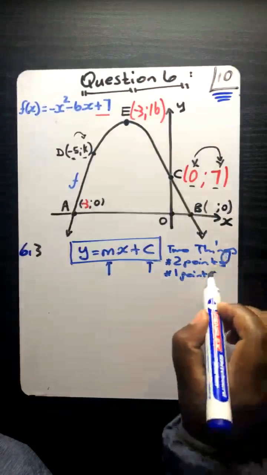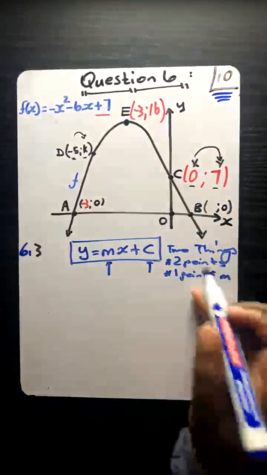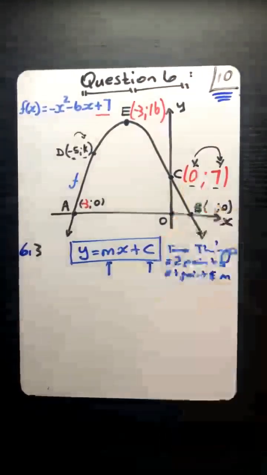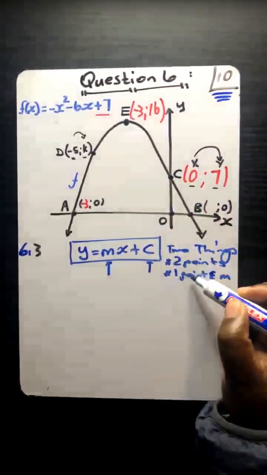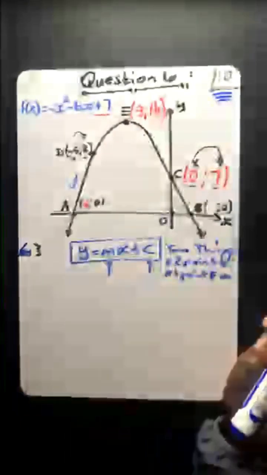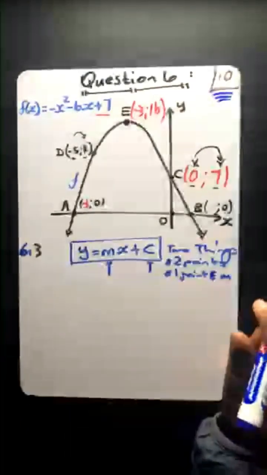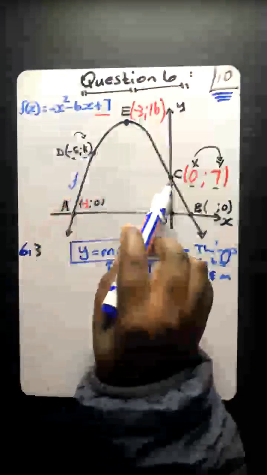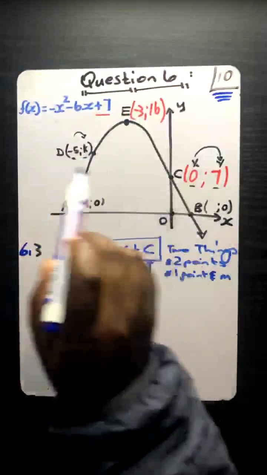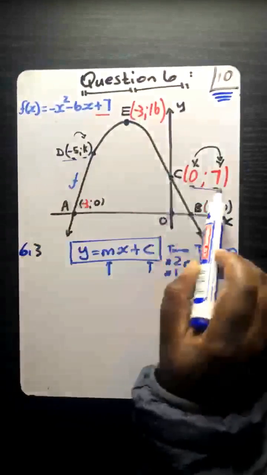So in this case, what is it that we are having? It's either you have that or you have that to determine an equation of a straight line. Trust me on that one. So what is it that we are having? They are saying passing through point D and C. So can you see? We are having 2 points. What do we do with the 2 points?